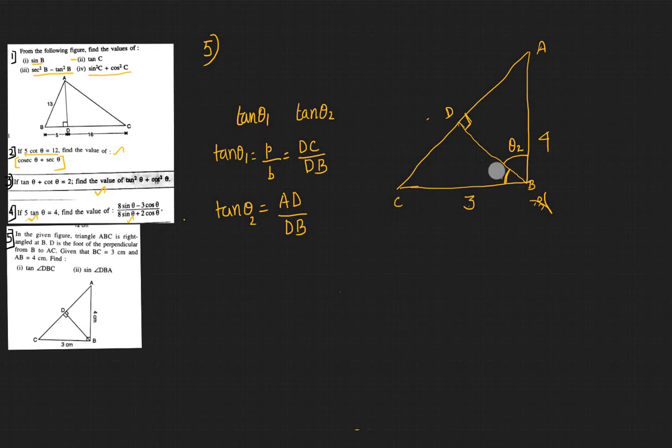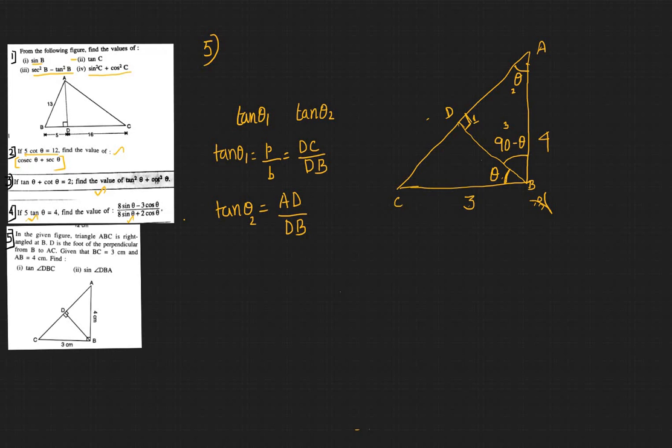So let's mark this as, instead of theta 1, let's say this is theta, and since this side is perpendicular, then this will be 90 minus theta. And now in triangle ADB, if this is 90 minus theta, this has to be theta, right? Because the sum of the three angles should be 180.